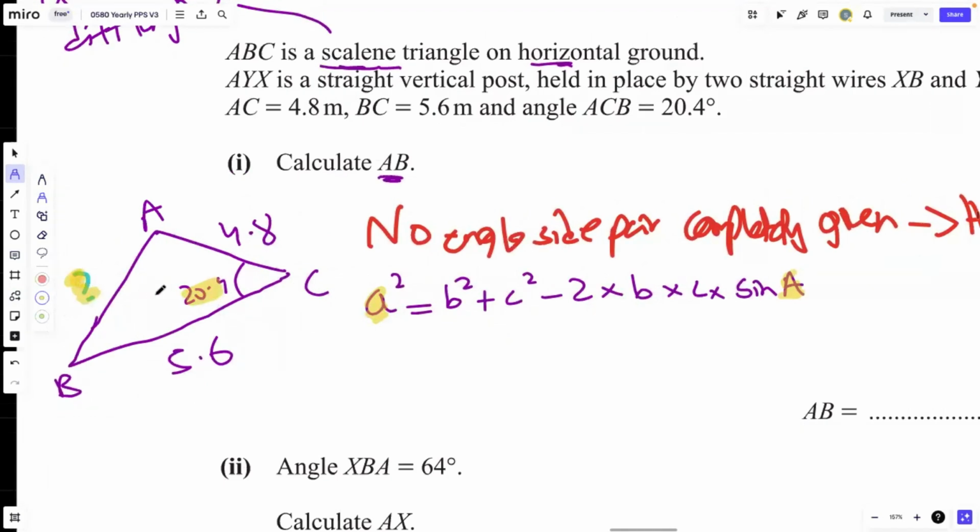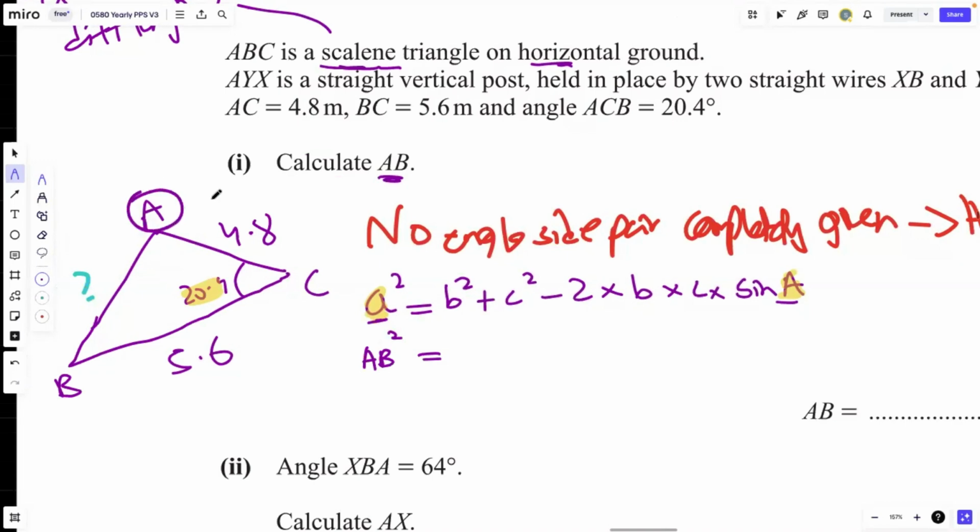That's perfectly spot on, because that is the side that we are looking to find out. B and C are irrelevant as to which to take, it's just the other two sides. What was important is that this angle has this as the corresponding side. The capital letter is telling the angle and the lowercase letter is telling the side.